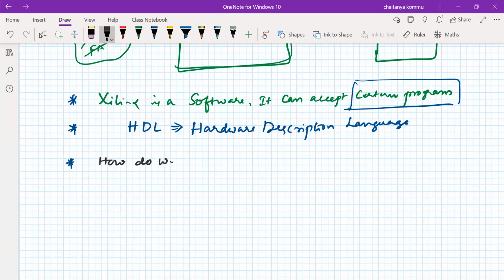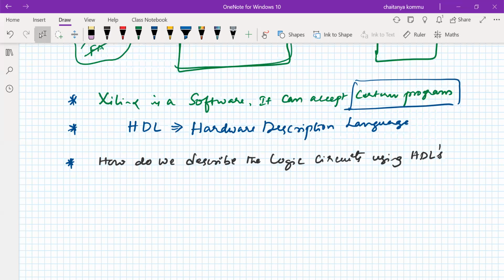How do we describe the hardware, the circuits or logic circuits, using HDLs? That is the first part that we have to see in our lab sessions.